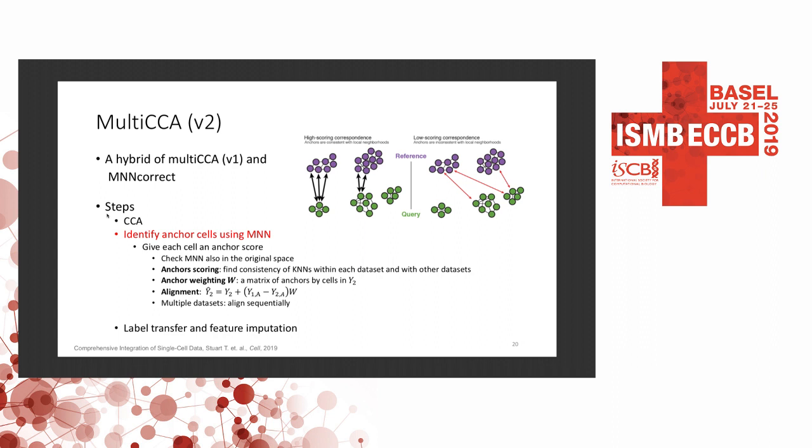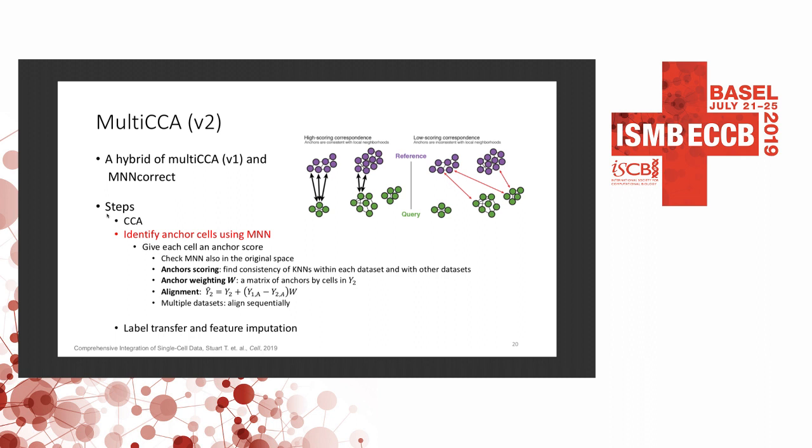They find anchor cells, which are cells that I have confidence have a pair in the second data set. They do some anchor scoring by judging how many nearest neighbors there are. Let me see how I can explain that.